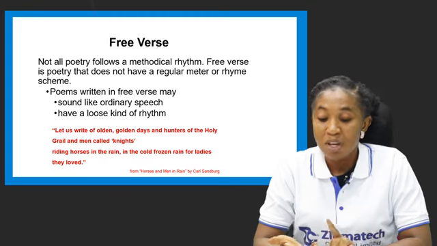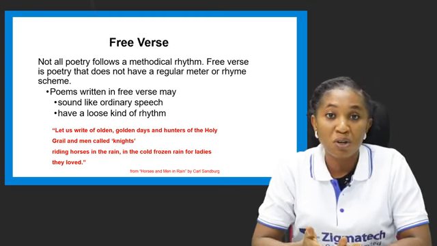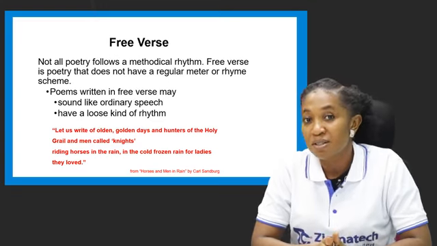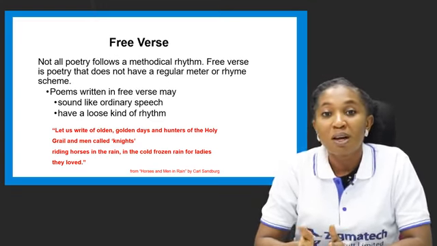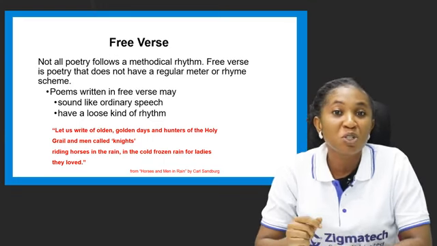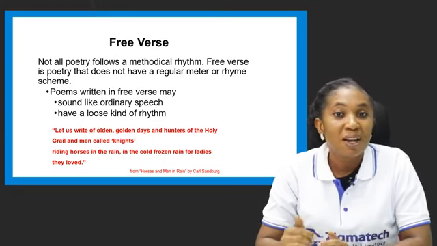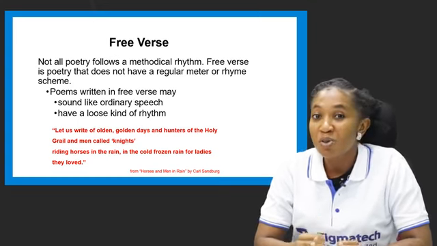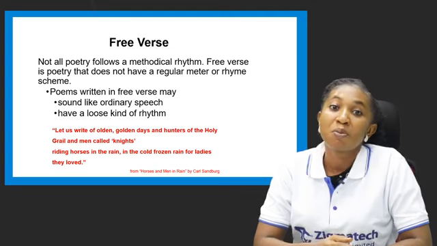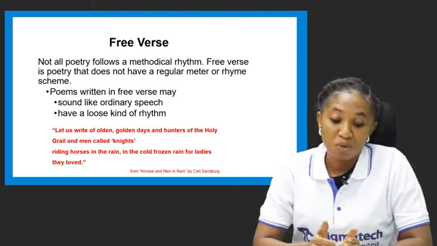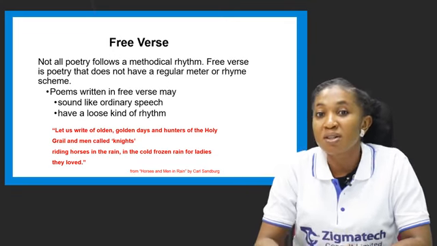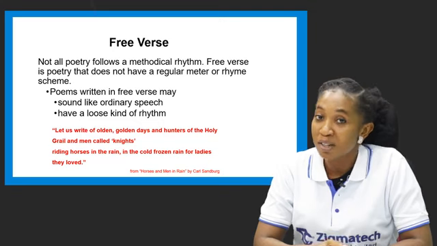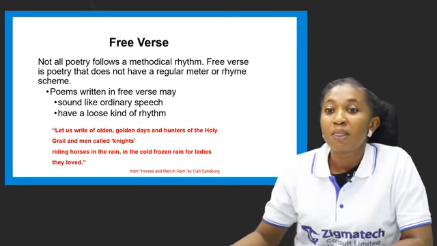Remember, a stressed syllable is that part of a word which is pronounced with a greater emphasis, whereas an unstressed syllable is that part of a word which is pronounced with less emphasis. A syllable is also a unit of pronunciation which contains a vowel sound. So your knowledge of all this will help you to understand metrical pattern in poetry. I assure you, it's quite interesting. You need to give it a try.